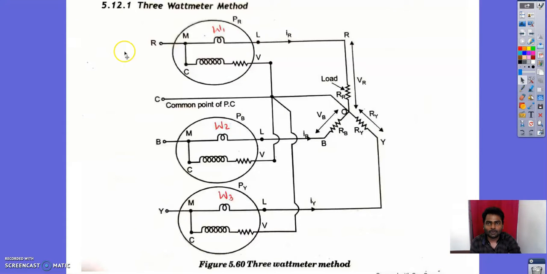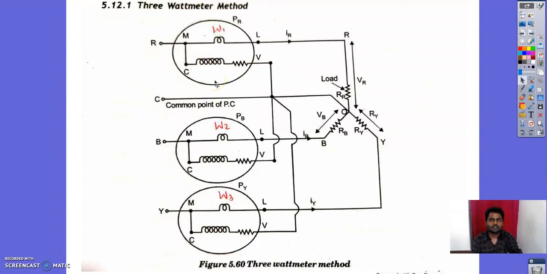And here is the diagram of the 3-wattmeter method. This is wattmeter 1, wattmeter 2, wattmeter 3, W1, W2, W3, and this is the load connected to the supply. So R phase, Y phase and B phase, all 3 phases are connected with the wattmeters. These are the current coils 1, 2, 3, so there are 3 current coils and 3 pressure coils.